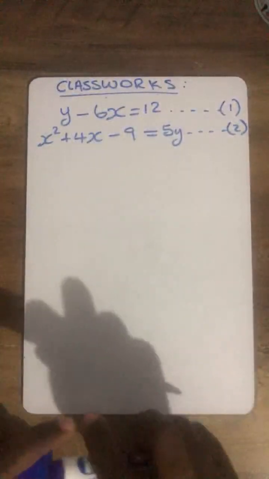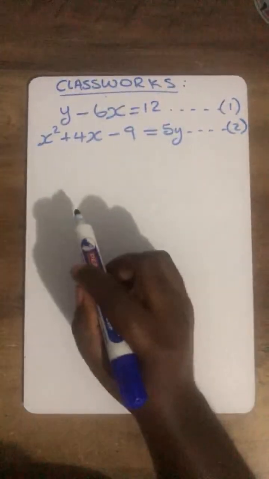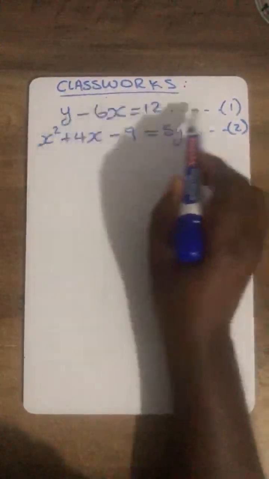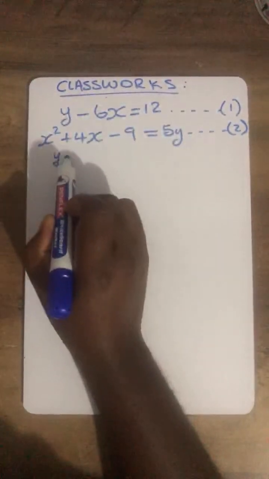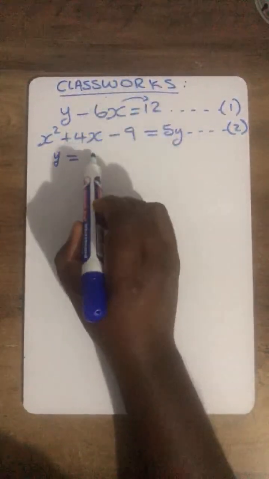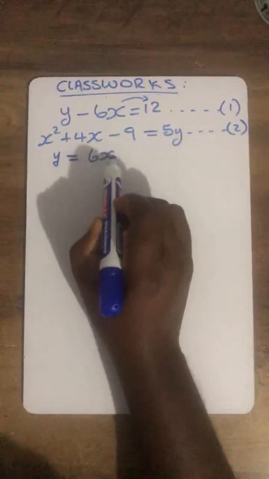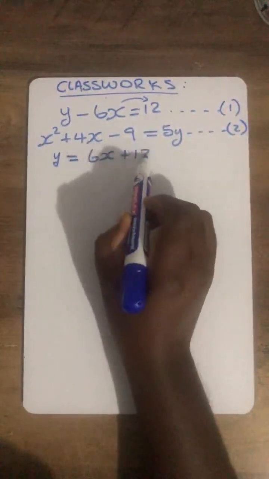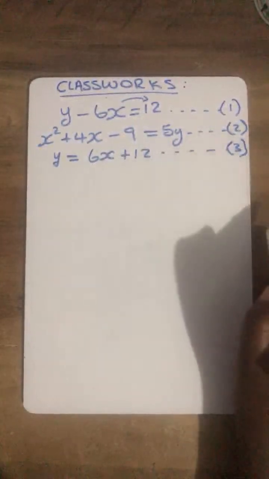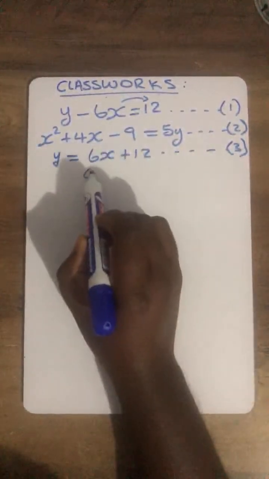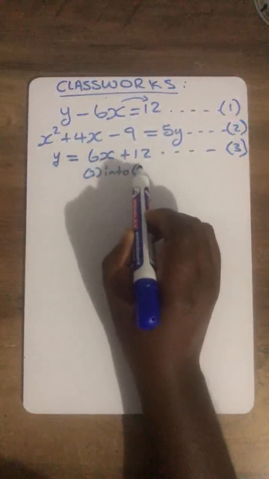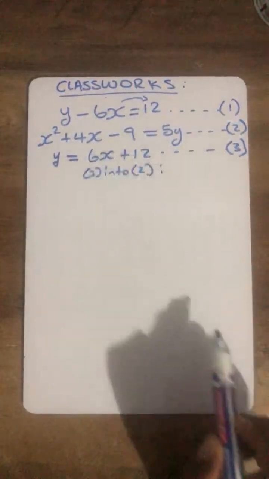Let's now work it out. So the first thing is to derive equation number 3. I think we'll use equation 1. So that means we're going to say x equals, you take this to the other side, 6y plus 12. That means this is your equation number 3. So you're going to take this equation number 3 and sub into equation number 2.